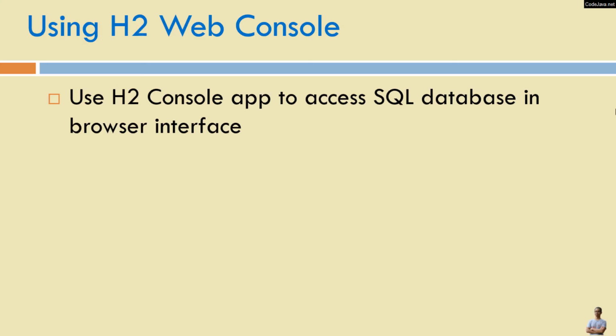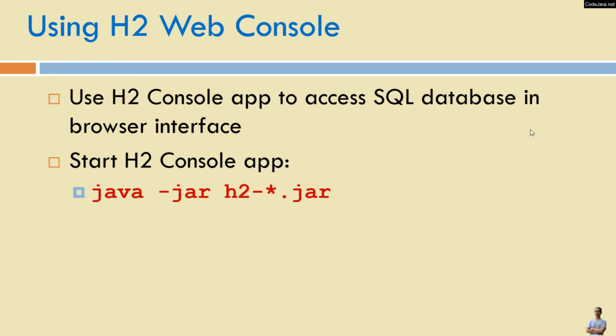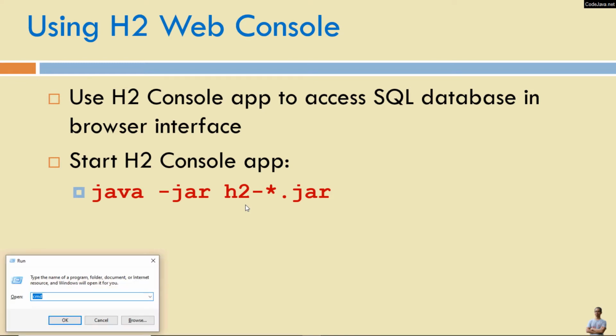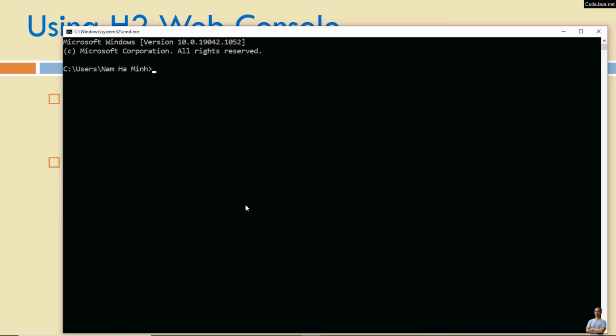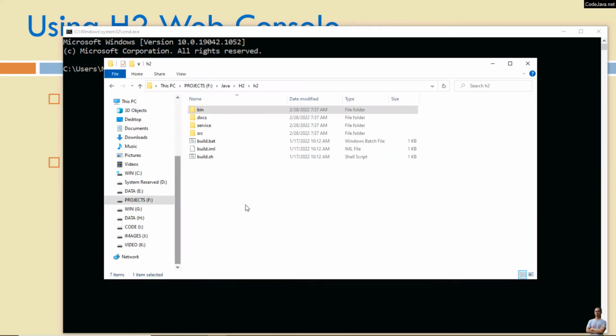You can use the H2 console application to access H2 database or any SQL database in browser interface. You need to start the H2 console application by using this command, java -jar, and then the jar file name of H2 database. Okay, so open a new command prompt and change the current directory to the bin directory of the H2 distribution here.